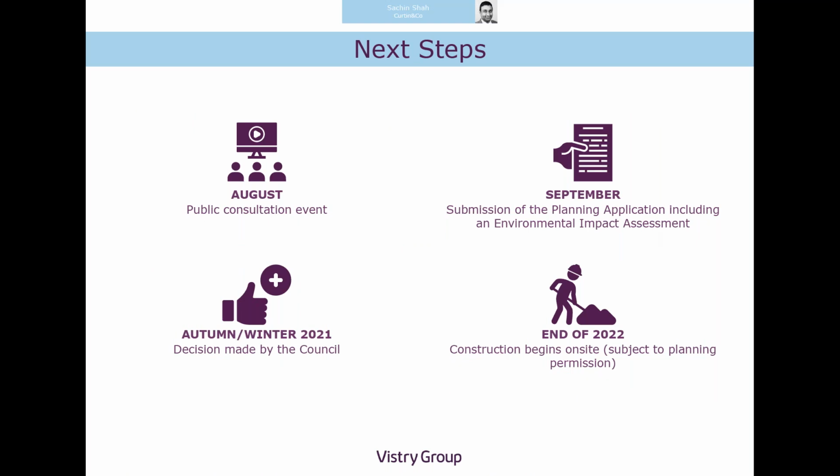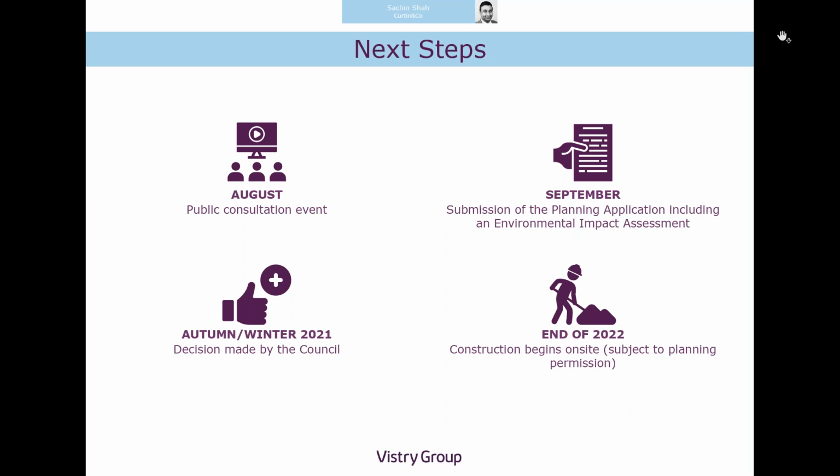So just talking about the next steps for this application. Obviously, we've got the public consultation event taking place today, and I'll talk further about how you can input into that. A submission of a planning application is due to take place in September.